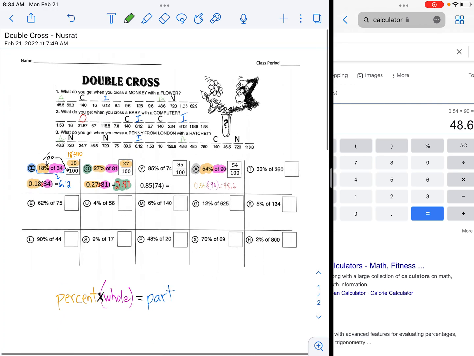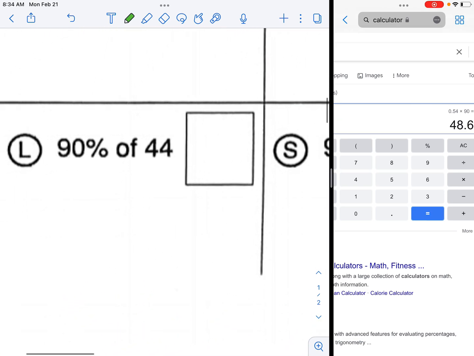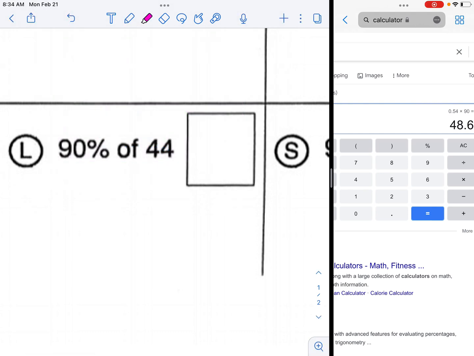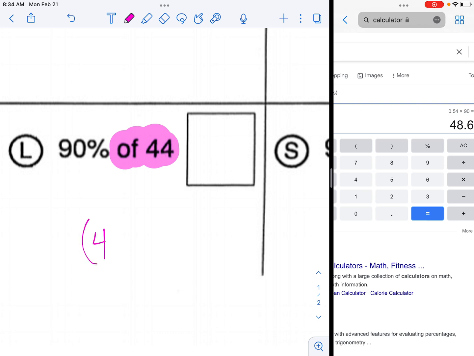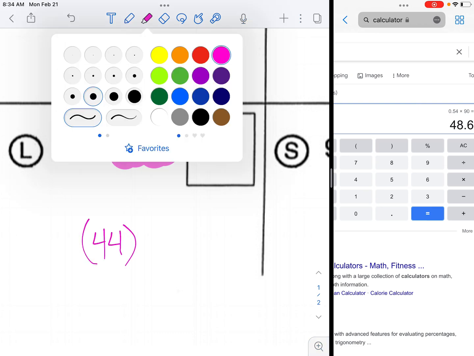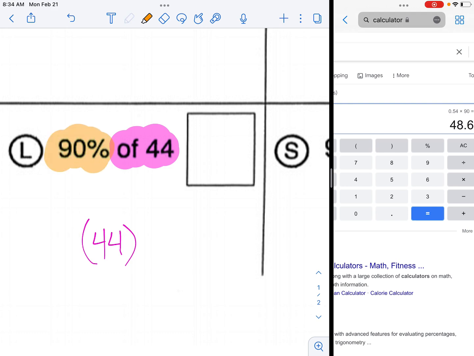Okay. Let's see. I'm going to do one that doesn't have any extra things written down. I'm going to do L in the bottom left-hand corner. Okay. I see that it says of 44. So I'm going to write 44 in parentheses. Then I see that it says 90%. So in this box, I'm going to write 90 on top of 100. That's what 90% means. Then I'm going to put it in my calculator. 90 divided by 100. That gives me 0.9.